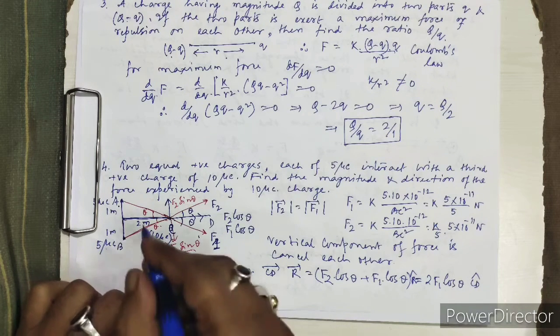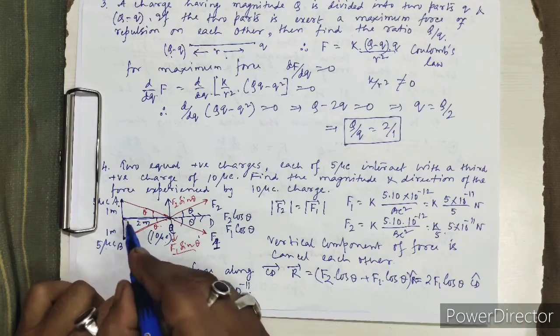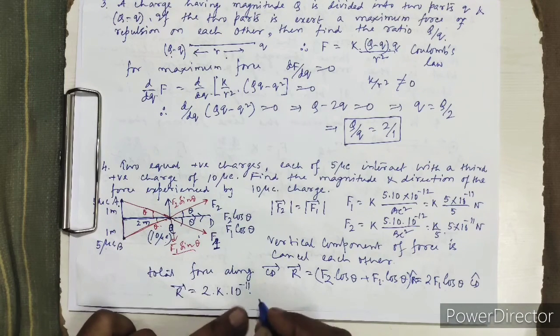minus 11. And what is the value of cos theta? Base by hypotenuse.